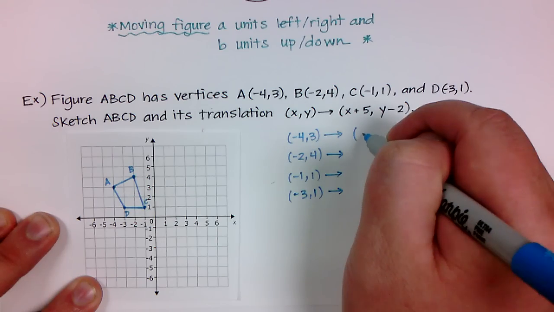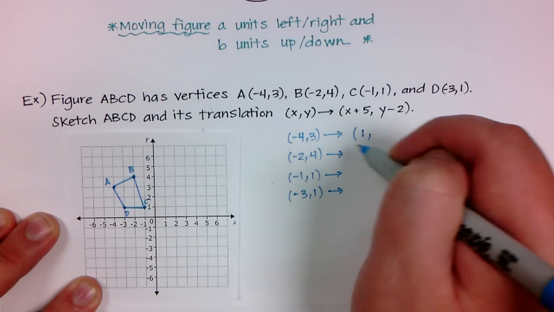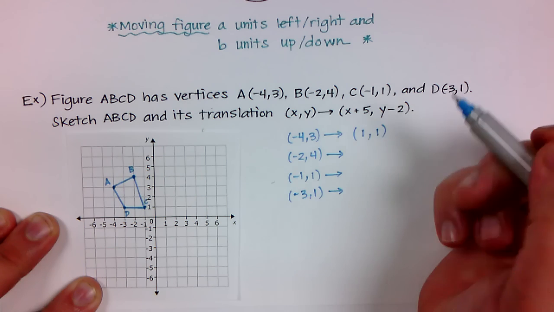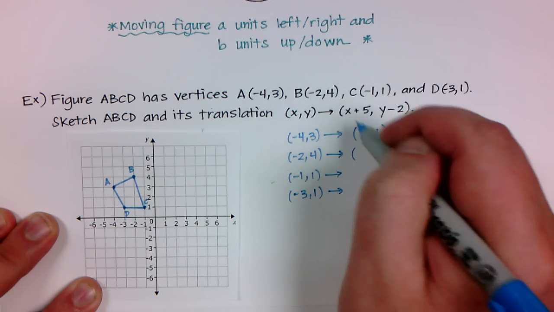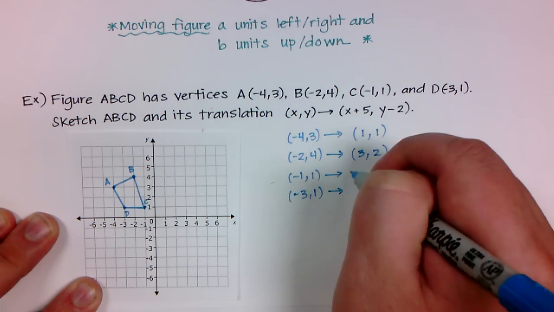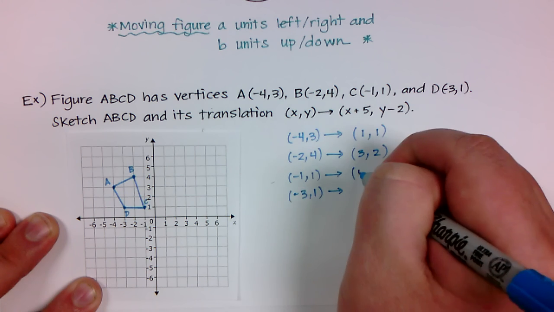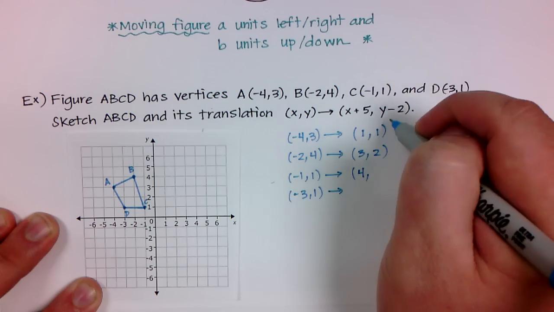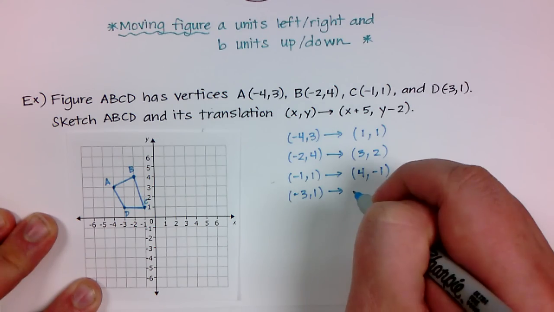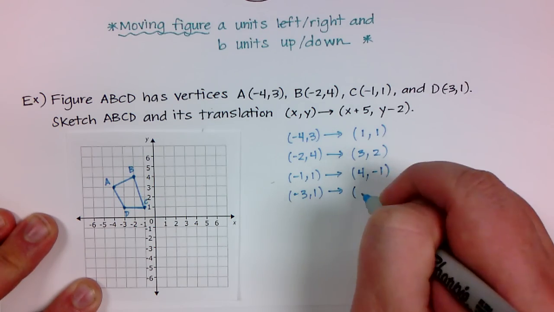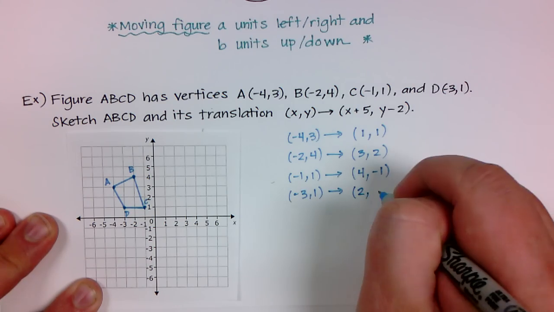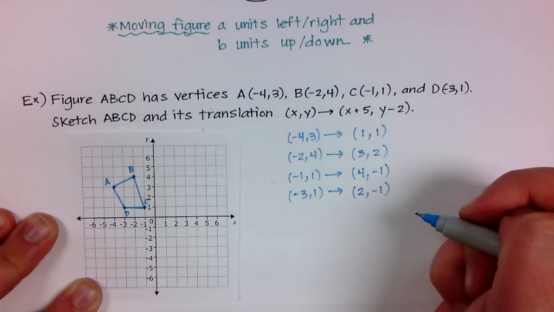So -4 plus 5 is +1, and 3 minus 2 is 1 as well. -2 plus 5 is 3, and 4 minus 2 is 2. -1 plus 5 is 4, and 1 minus 2 is now -1. For the final point, -3 plus 5 is +2, and 1 minus 2 is -1 as well.